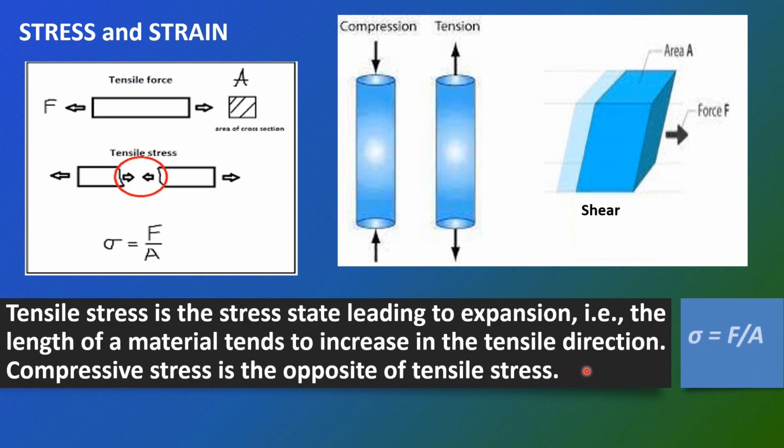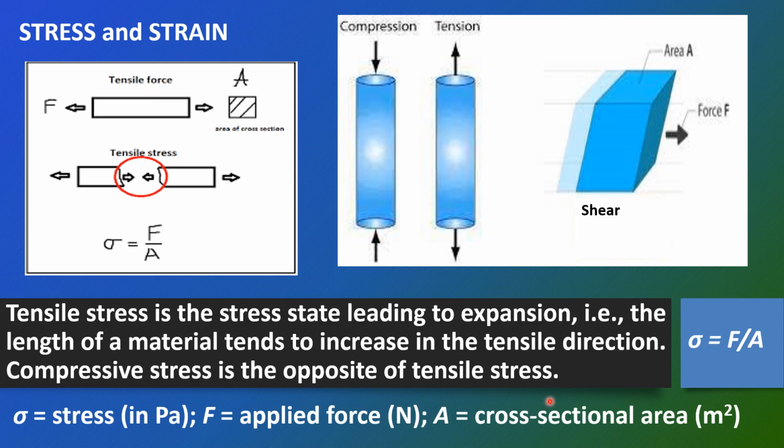Tensile stress or compressive stress, denoted by sigma, is equal to F over A. And sigma is expressed in Pascal, which is the SI unit for stress, while the force F is expressed in Newton and the cross-sectional area is expressed in meters squared.